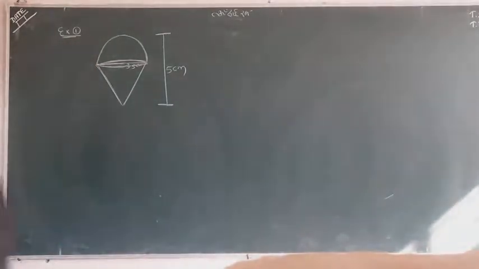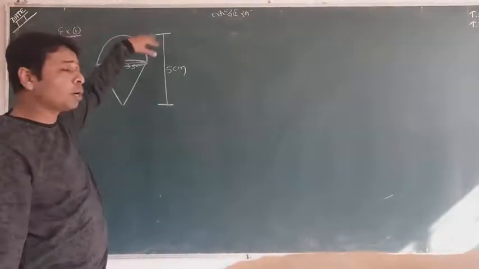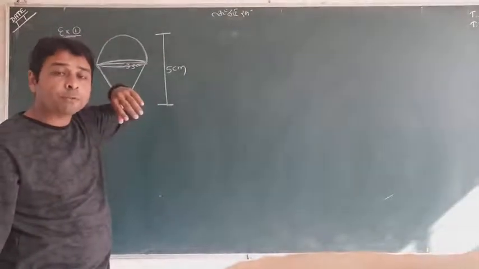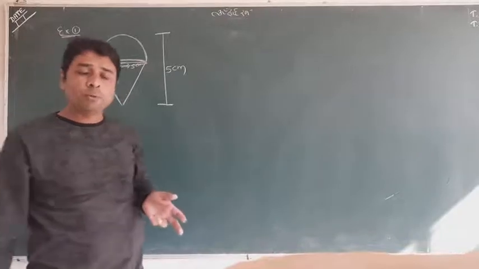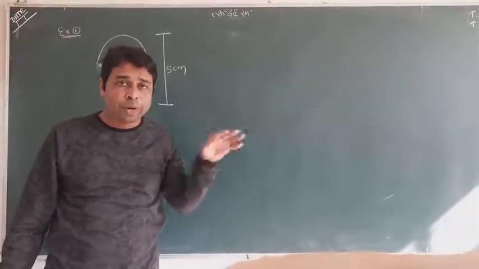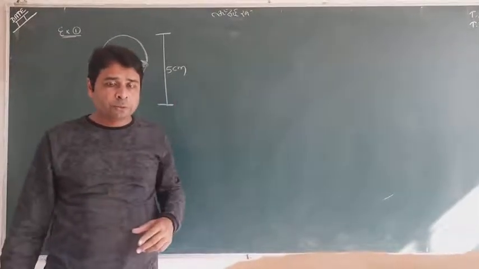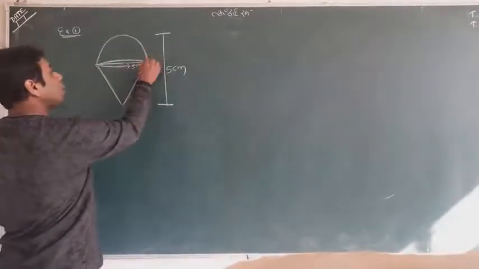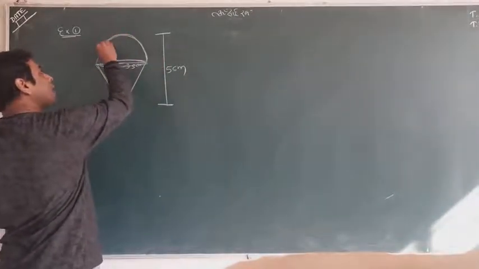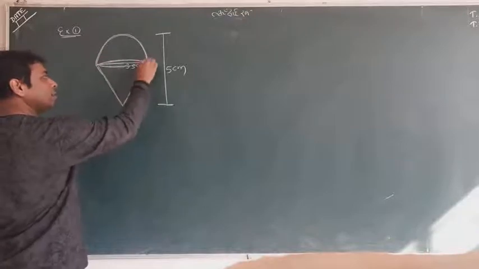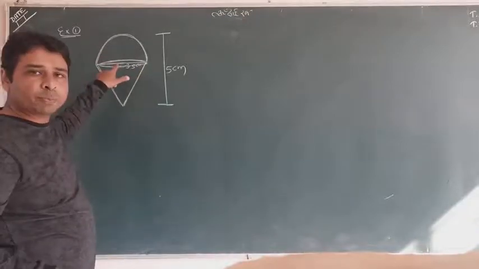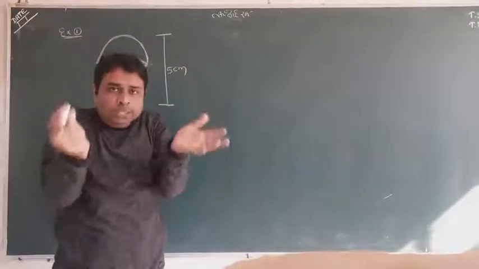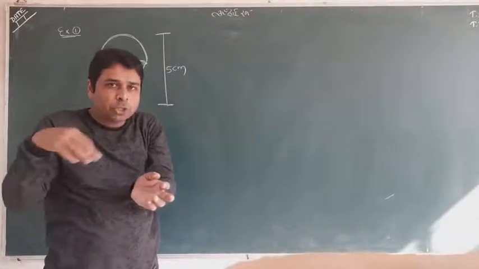Rashid wants to color the top with the crayon. So first of all we want to find the particular area where he is going to color. He cannot color the bottom portion of the hemisphere, because it is a lattu, the middle portion you cannot see.